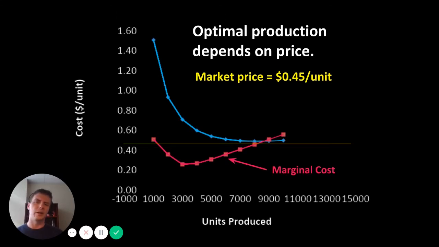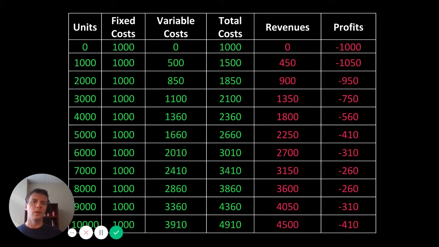Again, the price is intersecting the marginal cost curve, but what you will see is that the price is now under the average cost curve for every level of production. And what that translates to is negative profits at every level of production. There is no level of production where the average cost of producing a unit is going to be less than the price we can get for it, which means we will always be producing something and selling it and not making enough money to actually pay for it.